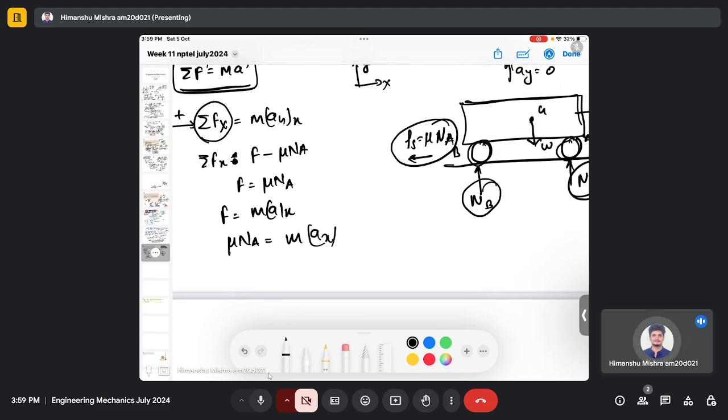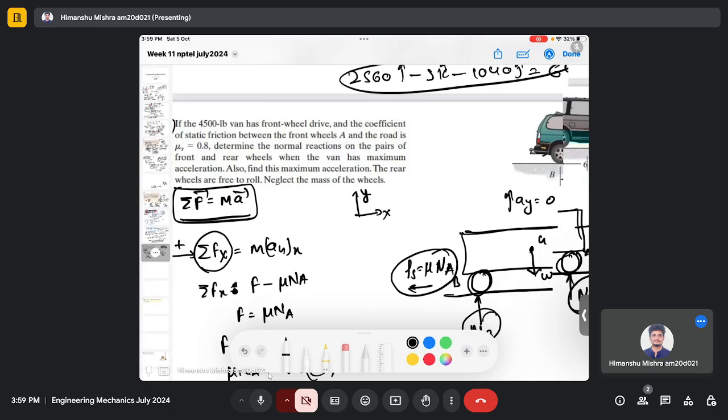So this is my maximum acceleration as well, because there is no component of acceleration in the y direction, which means all the acceleration is in the x direction.